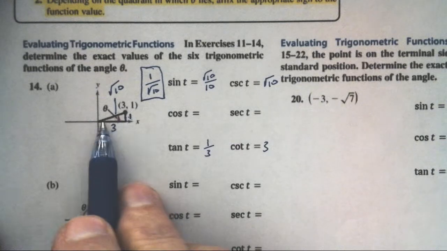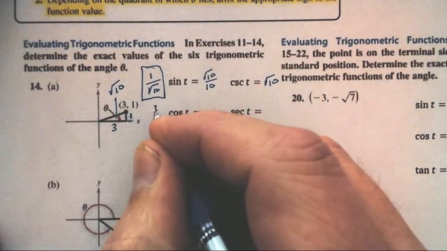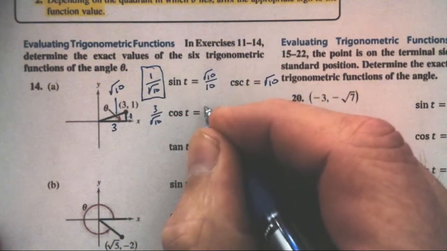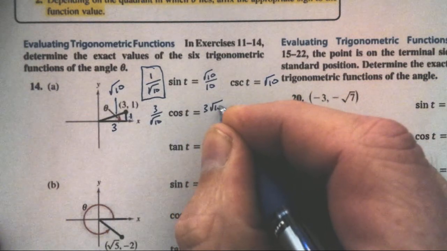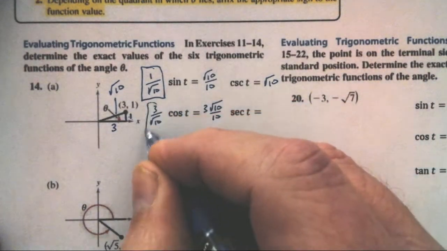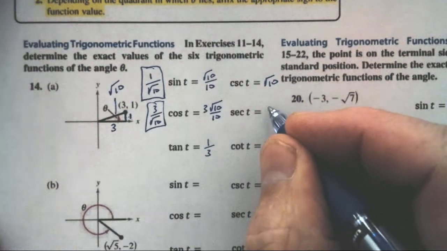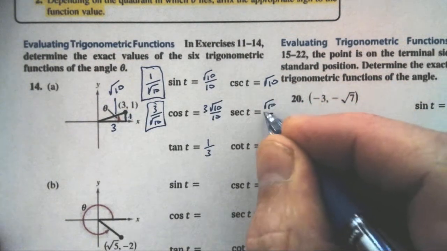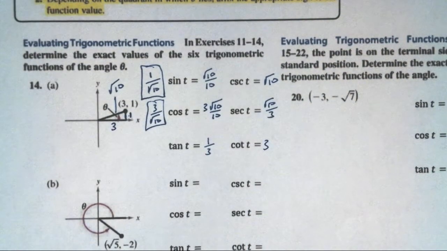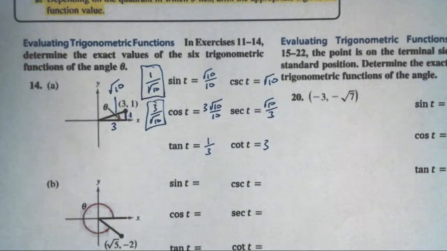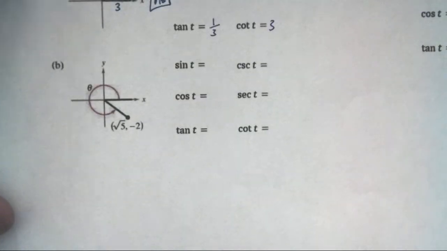Cosine, likewise, x on r, 3 on square root of 10, or rationalized, 3 square root of 10 on 10. Secant, reciprocal, square root of 10 on 3. And that's pretty much the theme of this whole section. Okay, B.